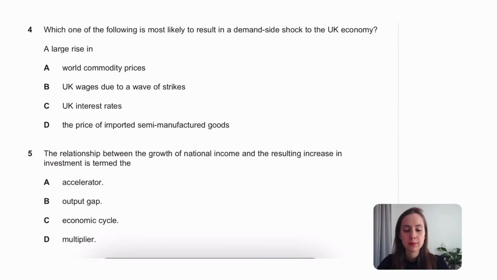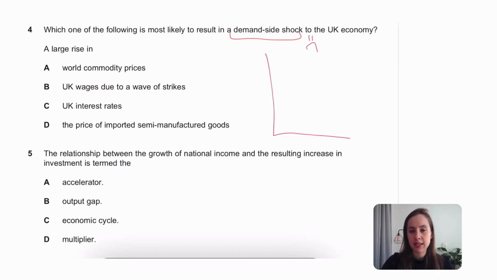Which of the following is the most likely to result in a demand-side shock to the UK economy? A demand-side shock, I'm assuming, is quite negative, so we're looking at an AD movement to the left.